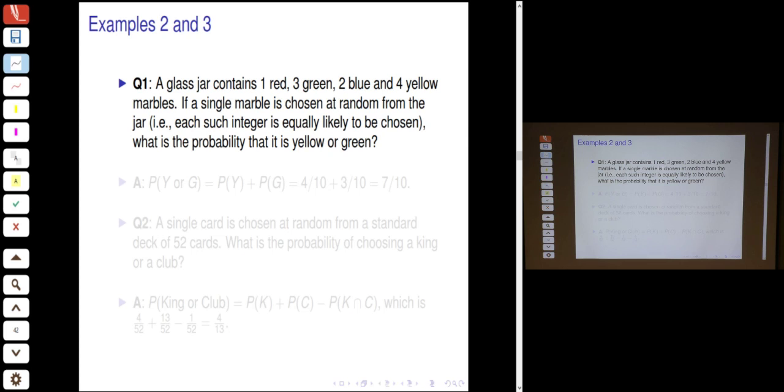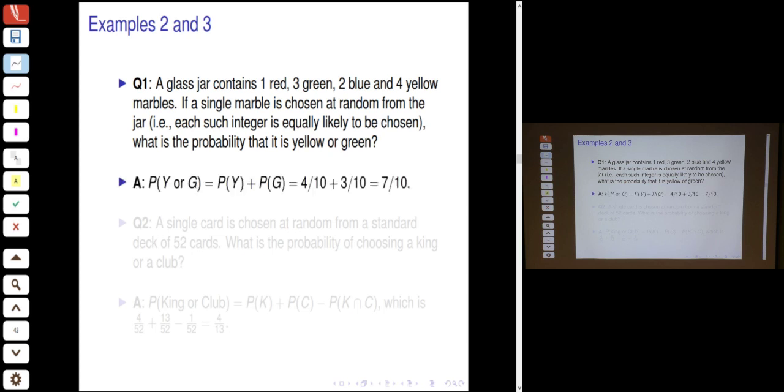If a single marble is chosen at random from the jar, and each marble is equally likely to be chosen, what is the probability that it is yellow or green?